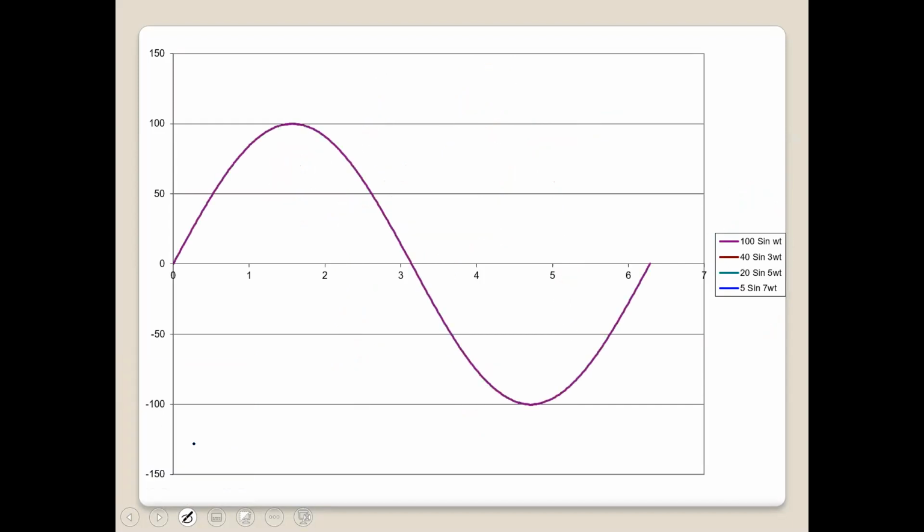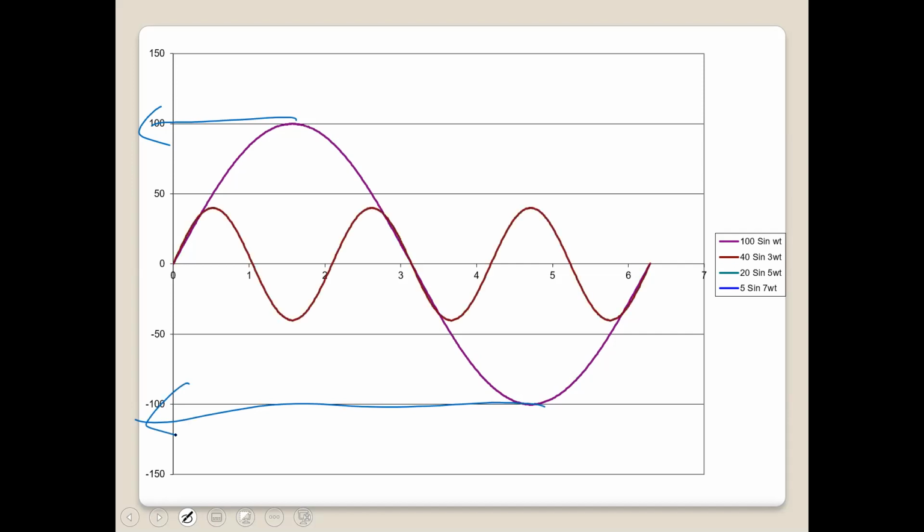So let us then add these waveforms. For my first waveform, that is my 100 sine omega t, the 100 would be the amplitude. So 40 would have an amplitude of 40. Based on our guesstimates, we can see that that is just less than 50, so yes, 40. And for the periodic time, we know that we have 1, 2, 3.